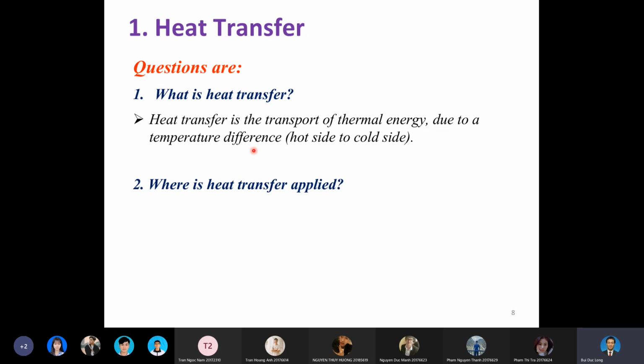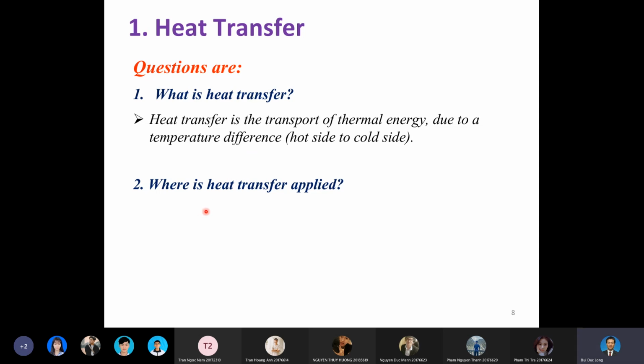The second question is, where is heat transfer applied? Asking and answering these questions will help you more clearly understand the content of this course and help you properly design processes.